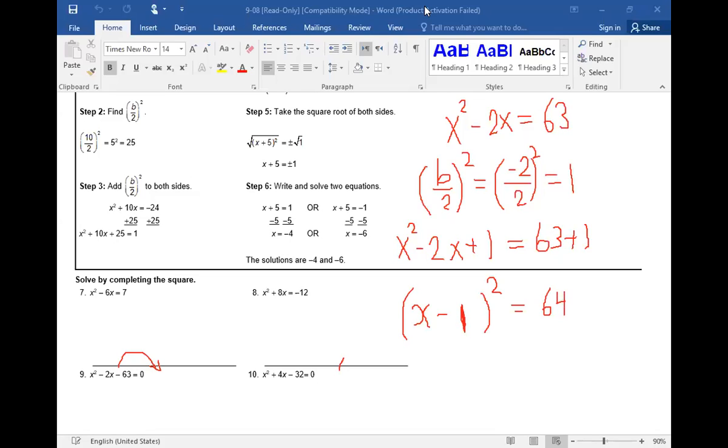Now I'm going to divide my answer into 2 parts because we will find the square root for both. As you know, the square root of 64 equals positive or negative 8. So we will divide the answer now. It would be x minus 1 equals 8, or x minus 1 equals negative 8.